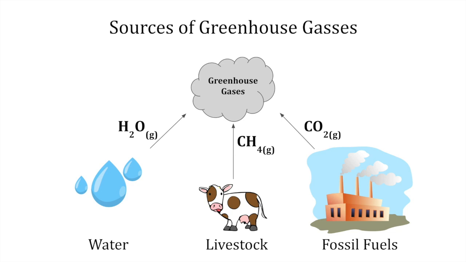And so we don't consider H2O as too much of a factor in that, because H2O has always been around and it's always been a factor for global warming. And it's always been a greenhouse gas. So there's nothing we can do to mitigate the effects of water becoming steam and then contributing to the greenhouse effect, which we just looked at.